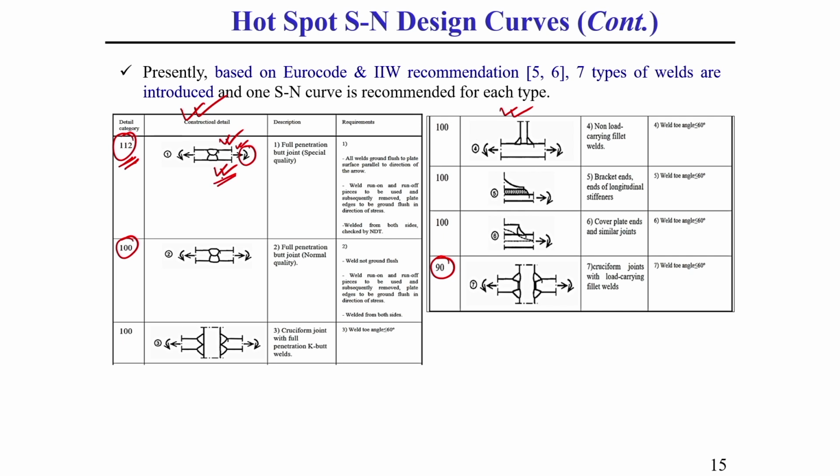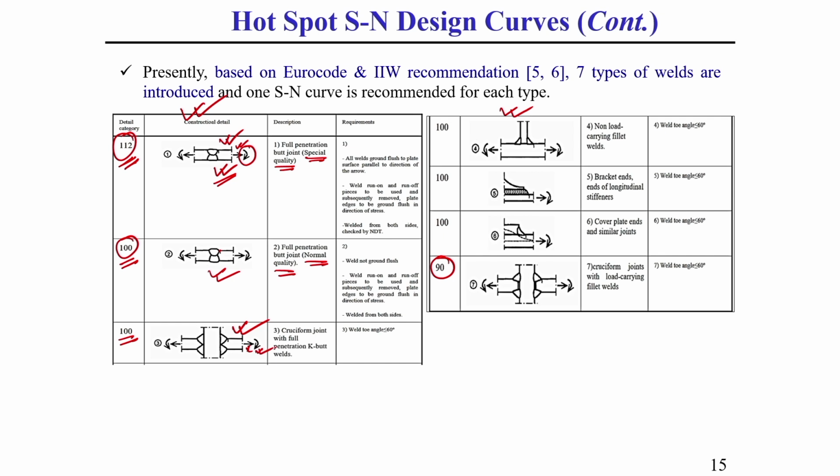But if it is a normal quality both-side weld, you can consider a FAT value of 100. Similarly, for cruciform joints, the FAT value is considered as 100 for both the axial case as well as the bending case.